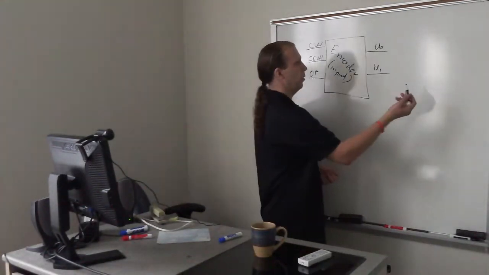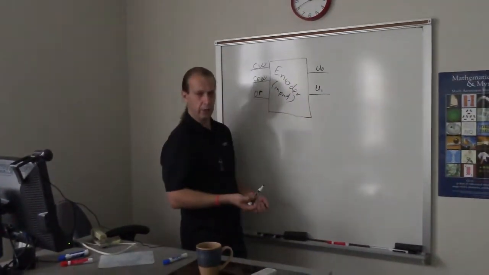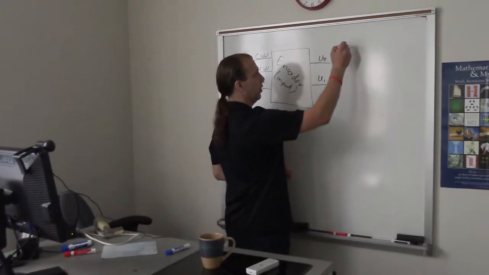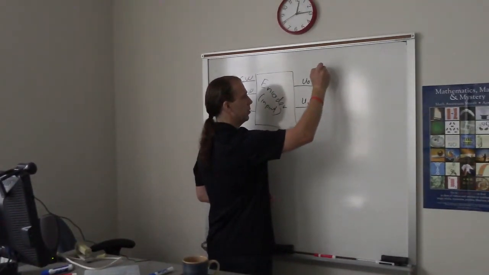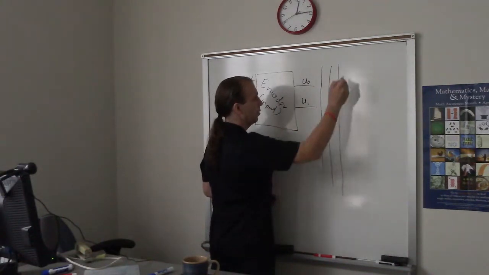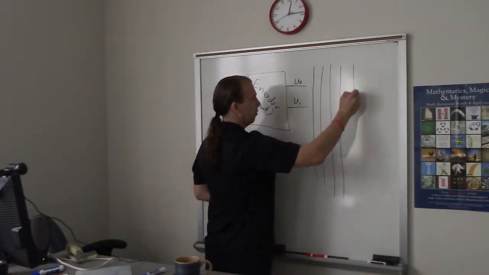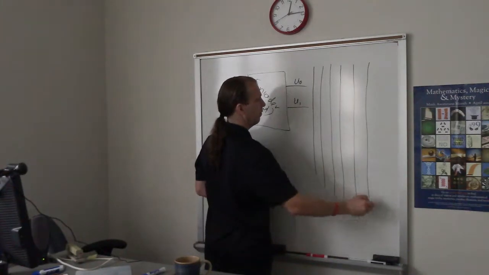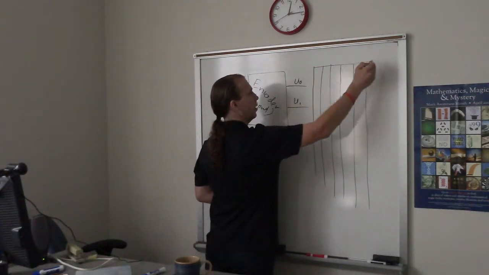So we want to draw a table with 5 columns: 1, 2, 3, 4, 5.